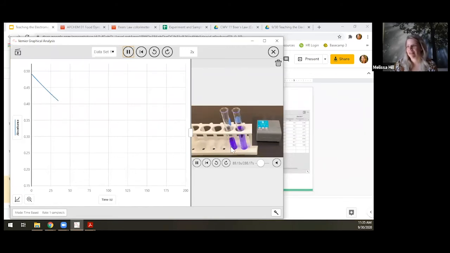So you can see how the purple is decreasing and the absorbance is decreasing, and they're synced in time. So you could use this to teach the electromagnetic spectrum, but it's also a resource for you there when you're doing kinetics later in the spring. And if I pause data, it will pause the video as well.